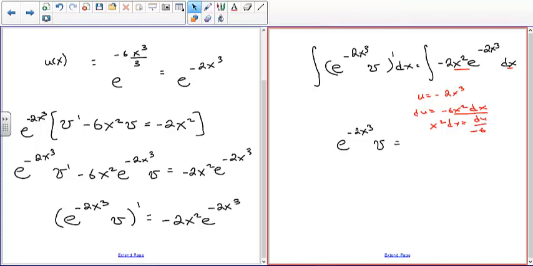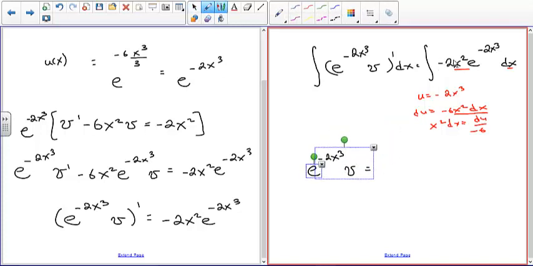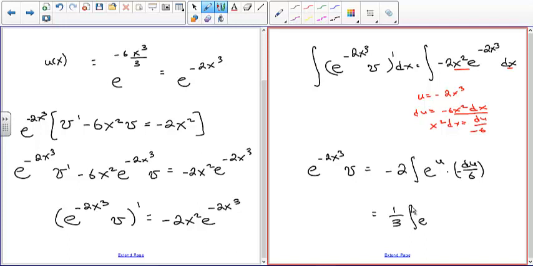So this, if I factor out the negative 2, I'll get e to the u times du divided by negative 6. So you factor out the negative 6, simplify it, you get 1/3. Integral of e to the u du.